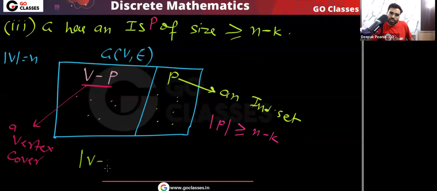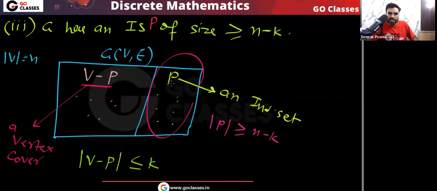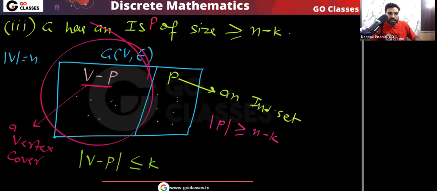So what can I say about the size of V minus P? Size of V minus P will be less than or equal to k. You can mathematically prove it, but intuitively also you can see the total number of vertices is n. So in this area, if we have at least n minus k vertices, then in the remaining area we have at most k vertices.